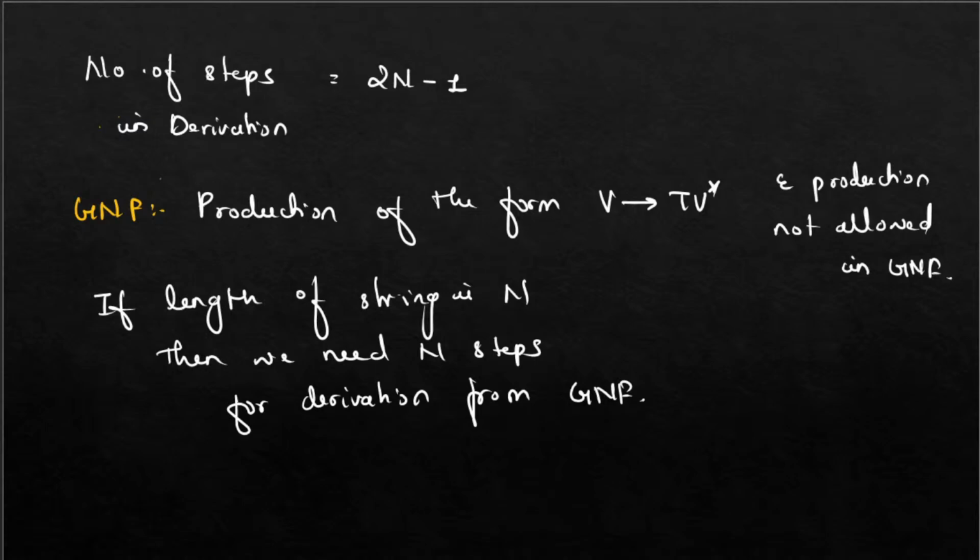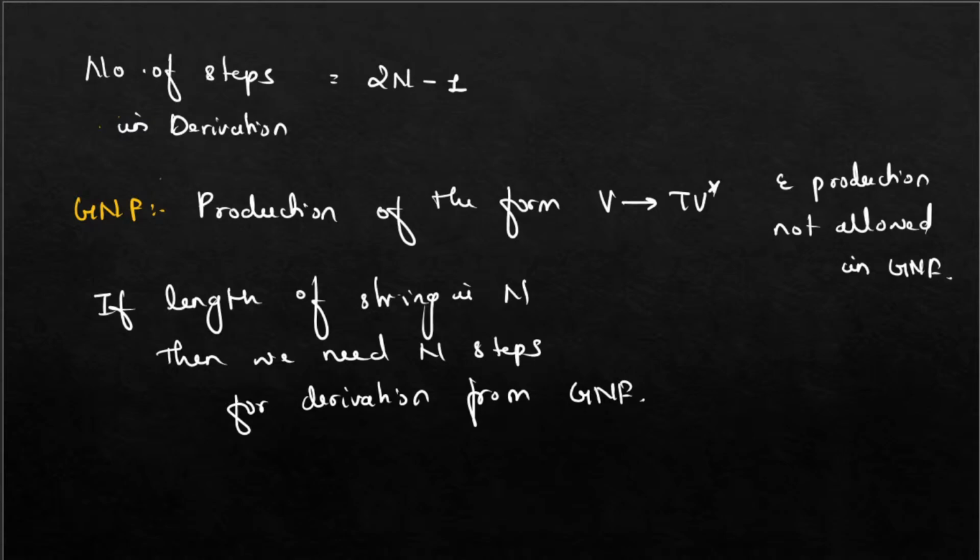Now let's see the concept of removal of left recursion. We cannot see that in detail because this is a revision class, so that thing you should be very clear. If this is clear, then directly the questions will come, so you will be able to solve them.